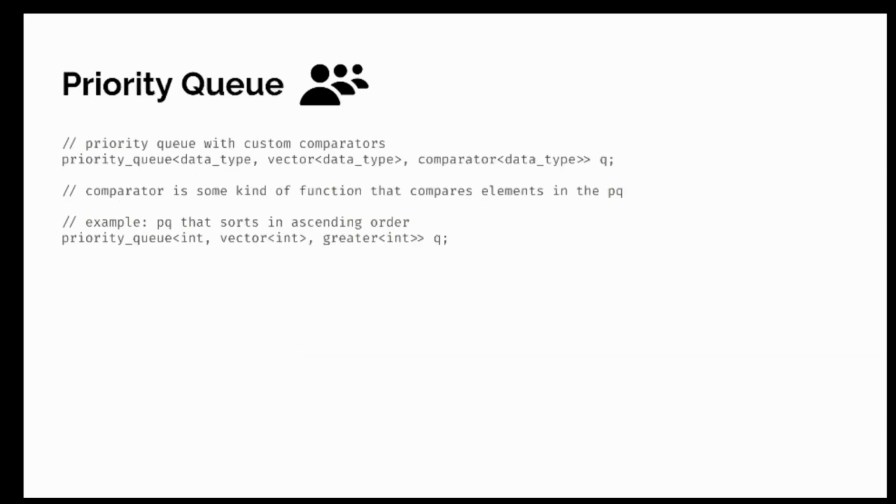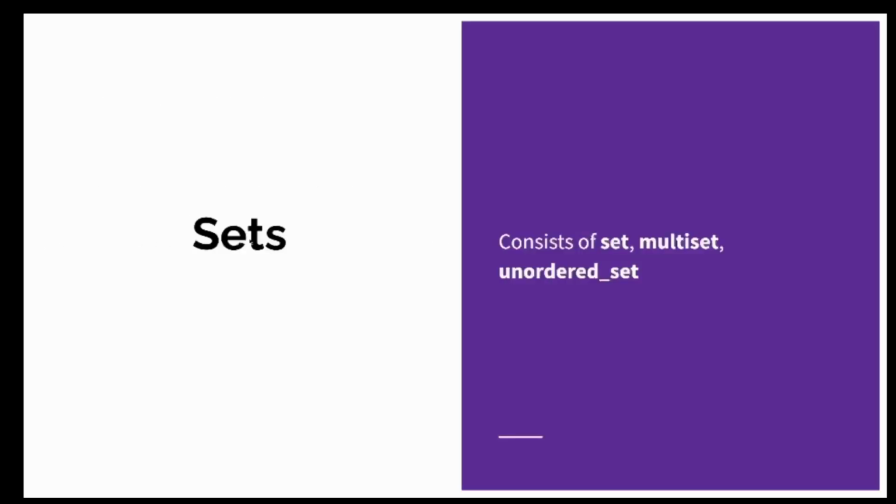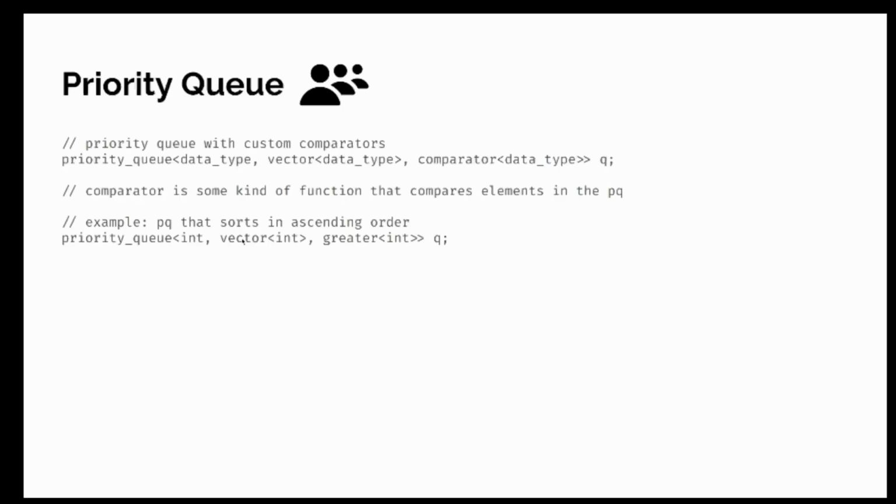Okay. So custom comparators. One commonly used custom comparator would be this. What this over here means is you create a priority queue. It holds integer data types. You use a vector as a kind of body in order to apply this custom comparator greater int.